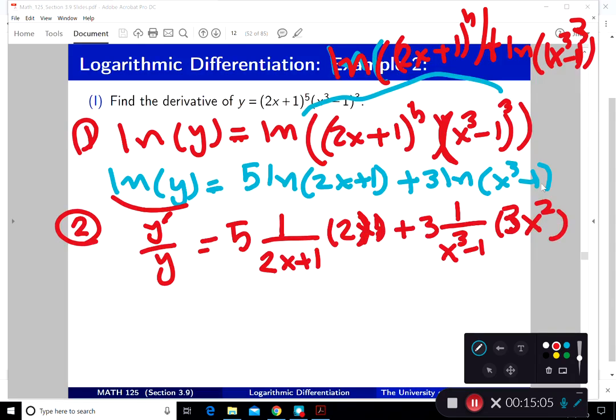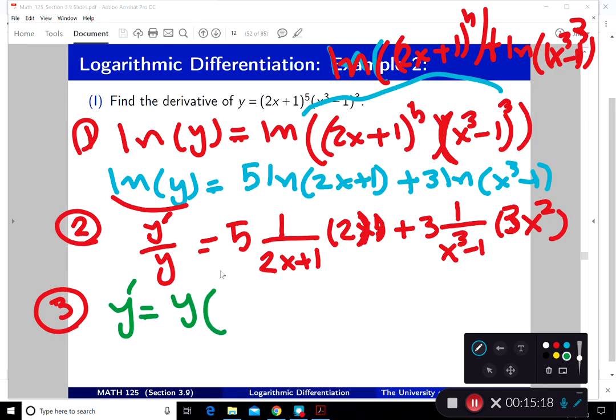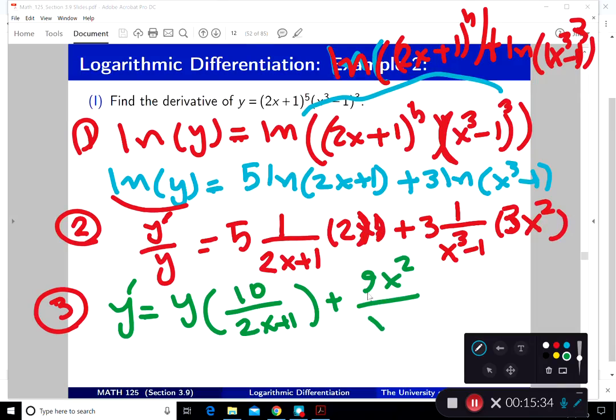And so we've done this, and then I have to solve for y prime, and solving for y prime will result in y times this entire thing: 2 times 5, 10 over 2x plus 1, plus we have a 3 over here times 3, 9x to the power 2 over x to the third minus 1.